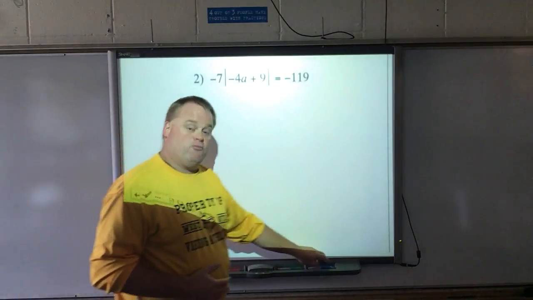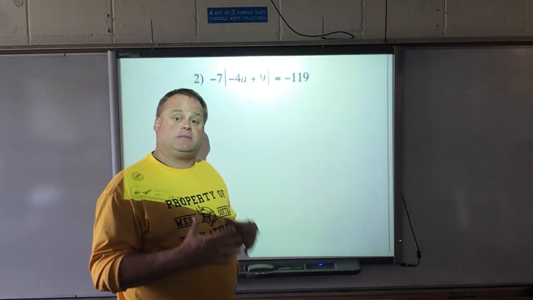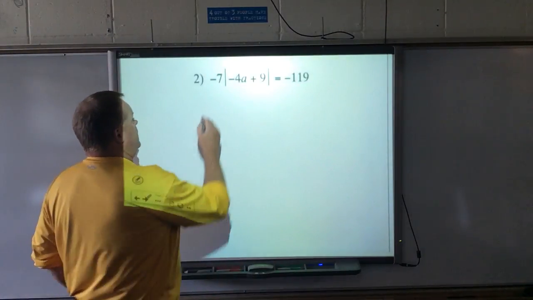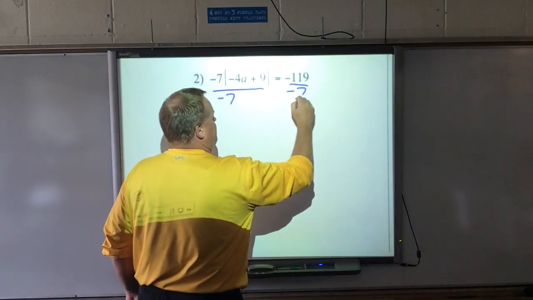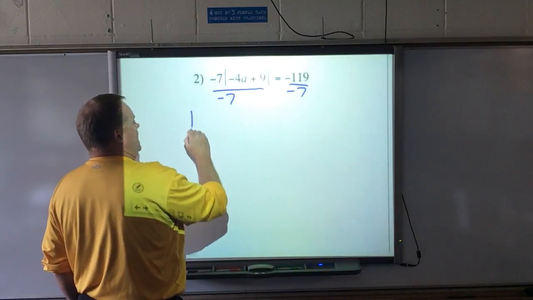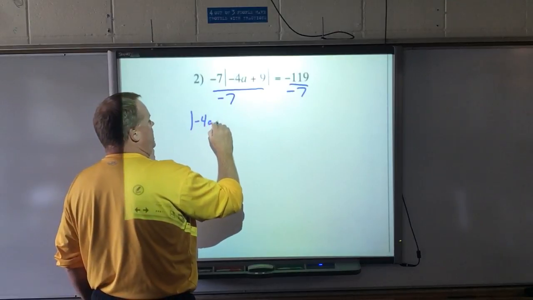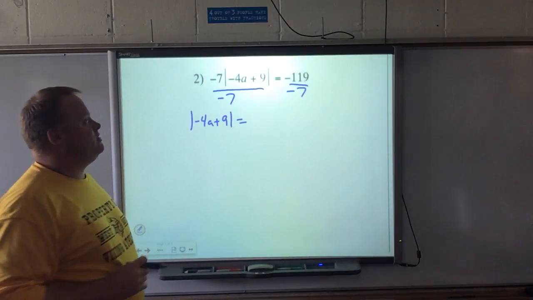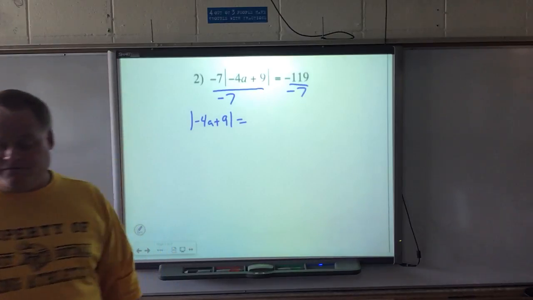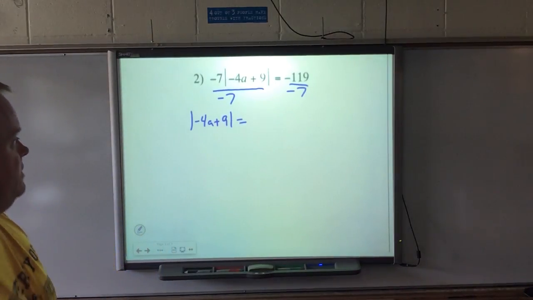Remember, I have to get rid of anything that's attached to an absolute value first. So if I divide this by negative 7 and do this by negative 7, then I'm left with the absolute value of negative 4a plus 9 equals negative 119 divided by negative 7.